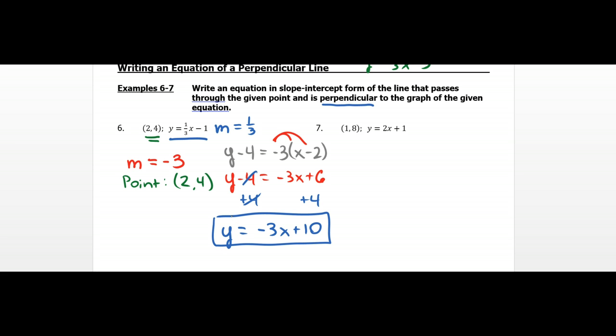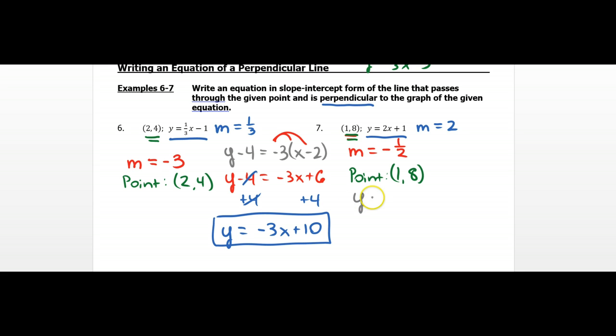Finally, for number 7, we have the point (1, 8). The line we're given is y equals 2x plus 1. So this line has a slope of +2. In order for us to write a line that is perpendicular to that, we need the opposite reciprocal, so that would be -1/2 for the slope. So we're going to take the -1/2 slope, we're going to take the point we're given, (1, 8), and one last time we're going to use point-slope form to write the equation of this line.